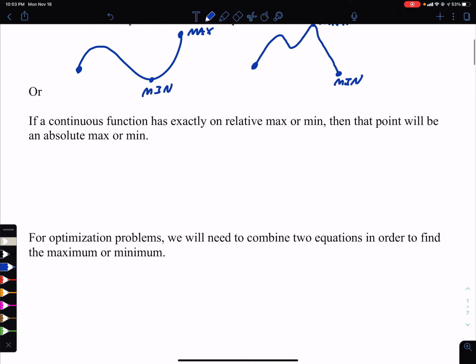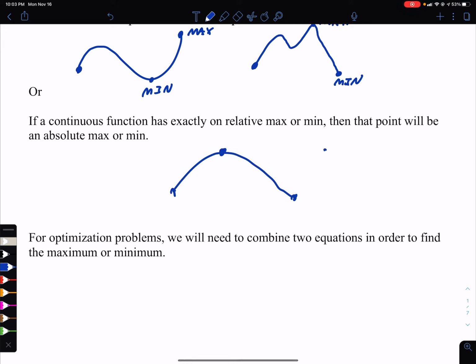Now the other theorem we had, if you have a continuous function and it only has one critical point, or one relative max or min, I should say, that will be also the absolute max. So pretty obvious, only one point of relative max or min and is continuous has to be an absolute.